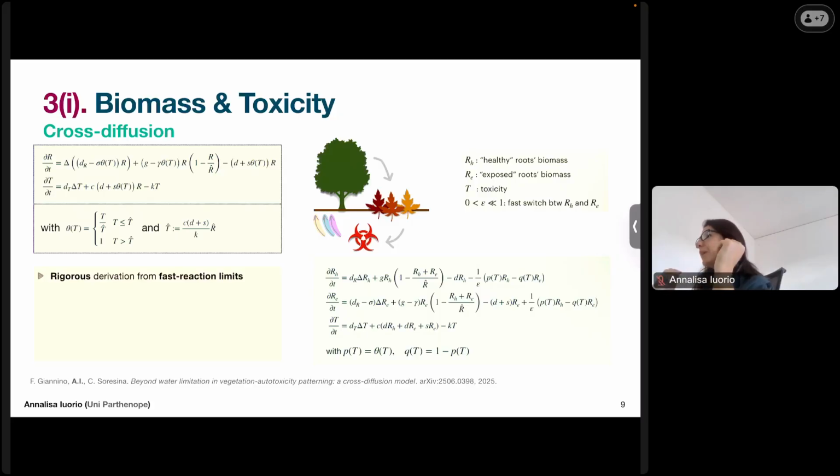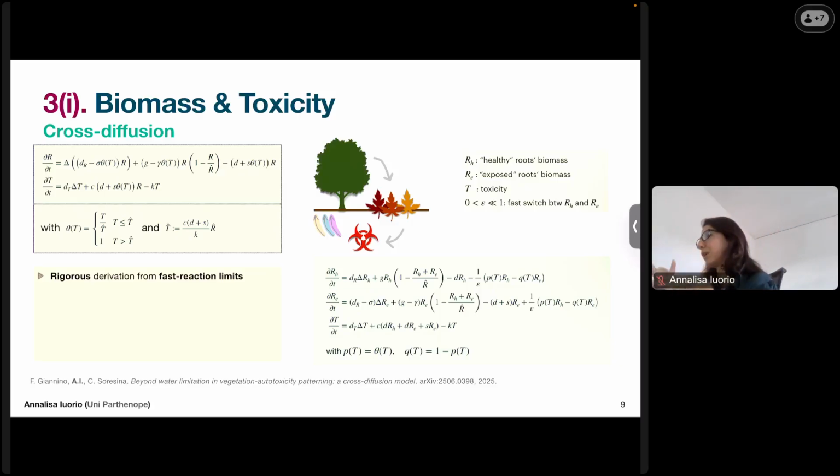So in principle, if you wouldn't have toxicity, the biomass would grow. You have a logistic term there, so of course you have a carrying capacity. But that's, again, something to make the model more accurate from the ecological perspective. It's also true that even when you have infinite water, the plants don't grow exponentially.